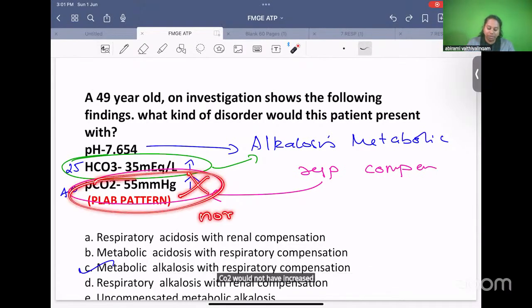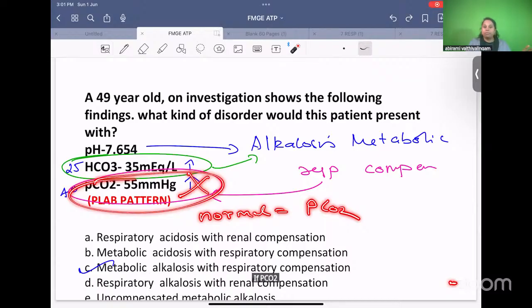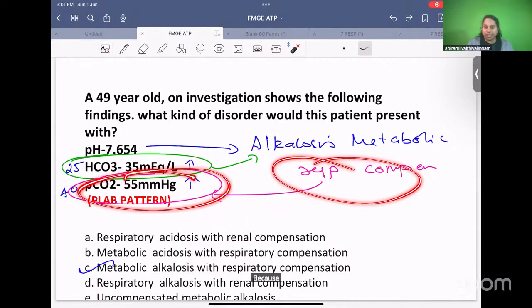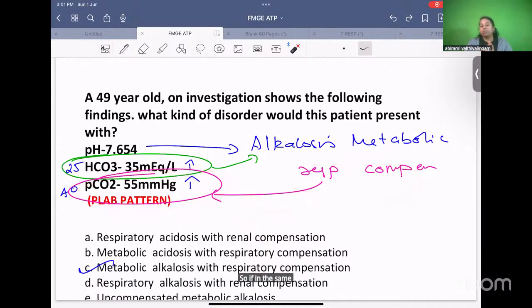This would have been normal. If in the same patient PCO2 was normal, it means compensation has not started. That is uncompensated. Because PCO2 has changed, it means compensation has happened. So if in the same patient PCO2 was 40, then you will go for option E, uncompensated metabolic alkalosis.